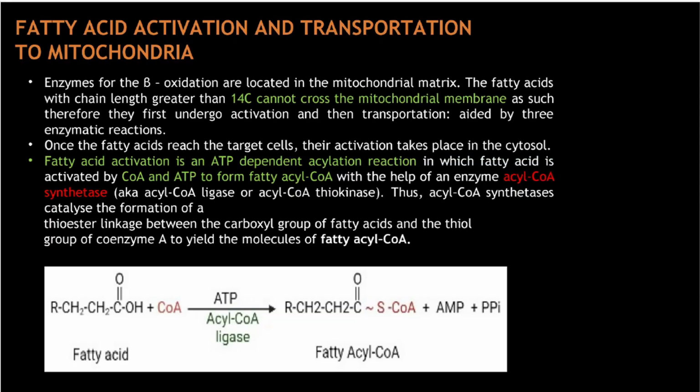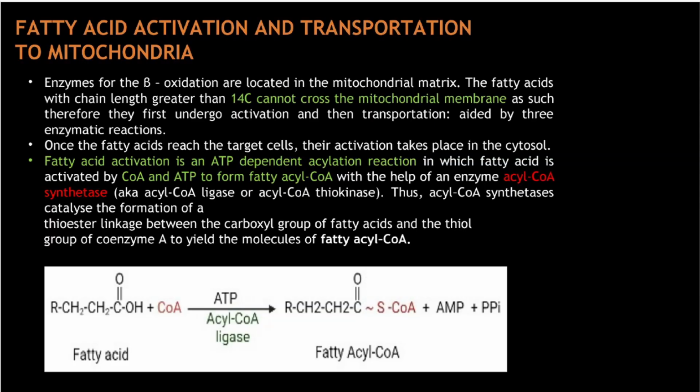The fatty acids with chain length greater than 14 carbon cannot pass the mitochondrial membrane. As you remember from the first lecture, the mitochondria is a double membrane structure: the outer mitochondrial membrane and the inner mitochondrial membrane. The inner mitochondrial membrane forms the cristae also, and the space enclosed by the inner mitochondrial membrane is called the matrix of the mitochondria.